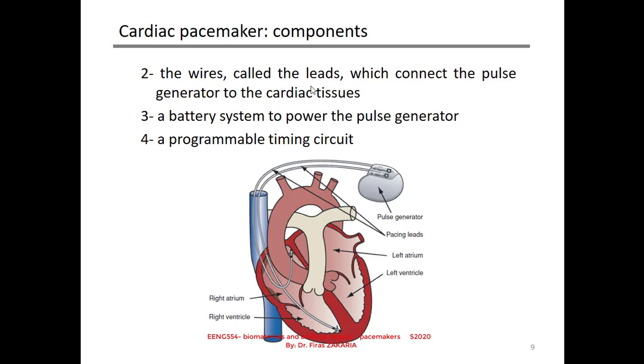The wires هني connect the pulse generator to the cardiac tissues. The battery is used to power the pulse generator. وعندنا كمان ال programmable timing circuit which could be controlled to control the pulse rate.